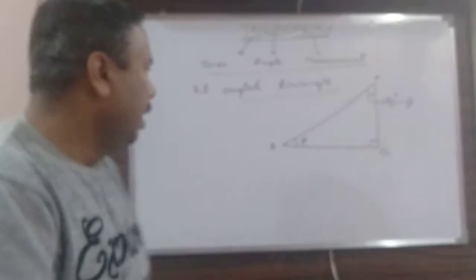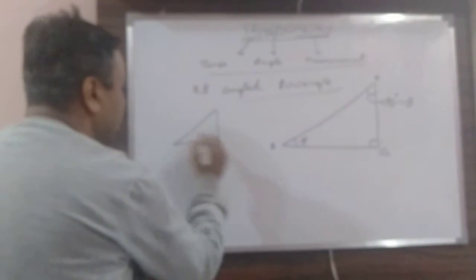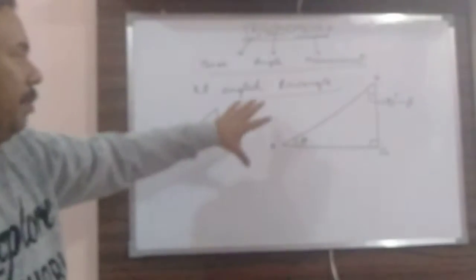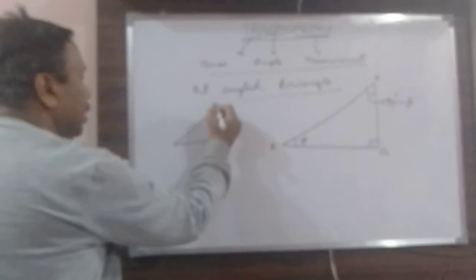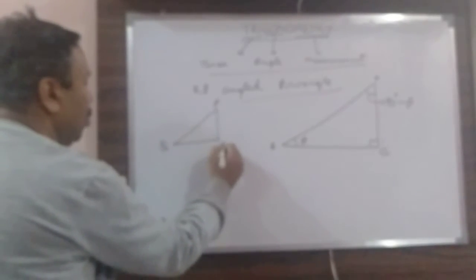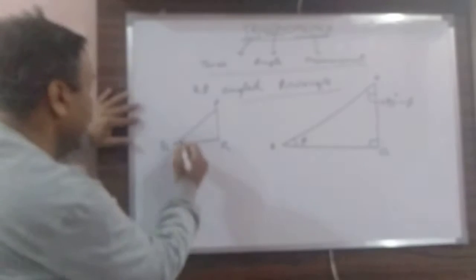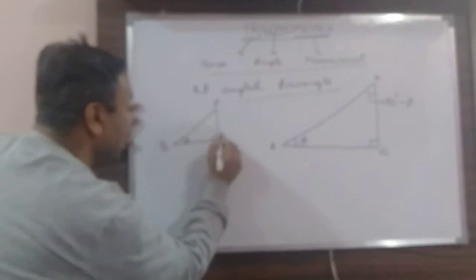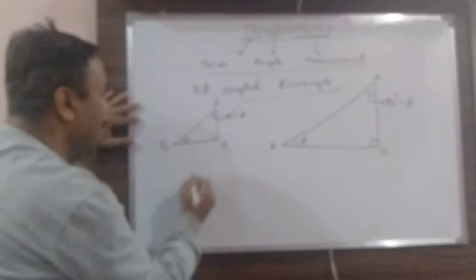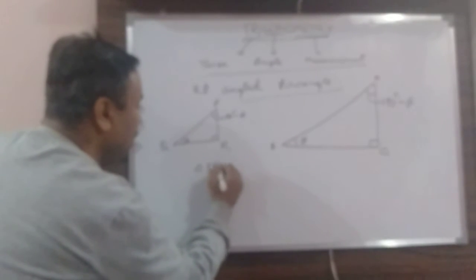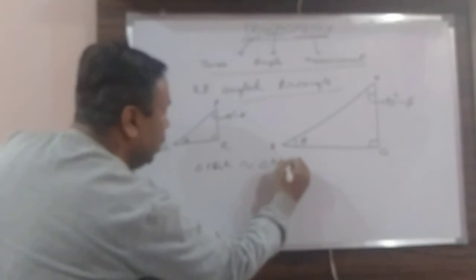That means if I get another triangle, maybe a little smaller, maybe bigger, in this case take it as PQR, where again this angle is theta, this angle is 90 degrees, and this angle is 90 degrees minus theta, I can say that triangle PQR is similar to triangle ABC.